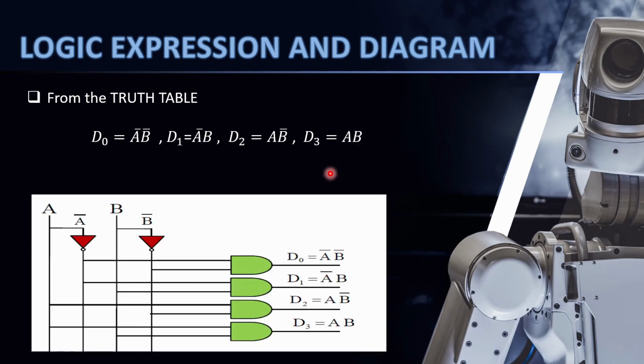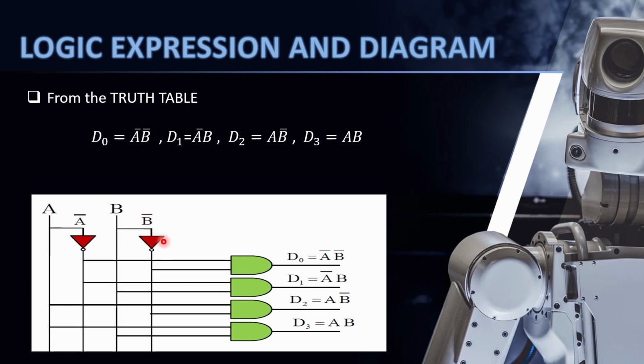So we can now see the logic diagram here. A and A bar are represented here, and a NOT gate gives you the complement of A. If you put a NOT gate across A, it will give you A bar, and likewise a NOT gate gives the complement of B, which is B bar.